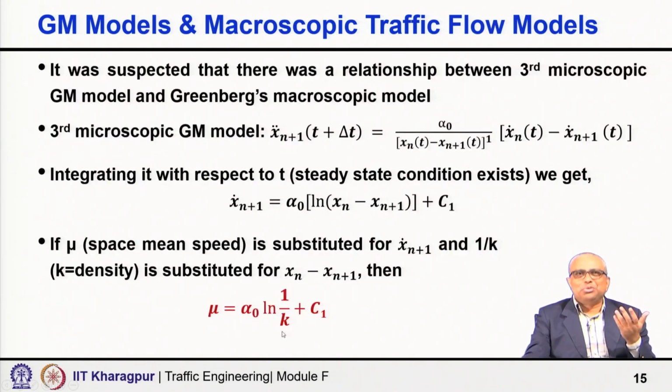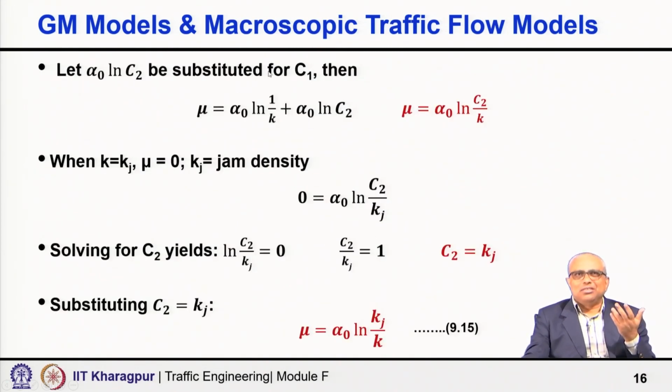Here also alpha 0 is there. Always we can write that, because after all it is a constant. So what do you get here? Mu equal to alpha 0 into ln C 2 by k. The form has already come. It now looks like something like the Greenberg model.